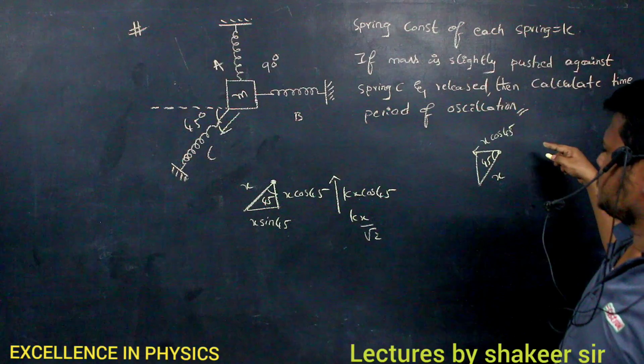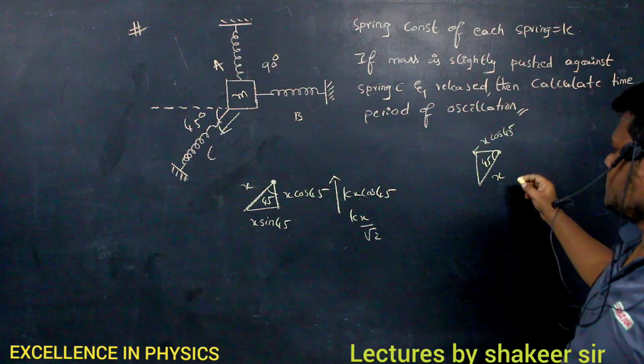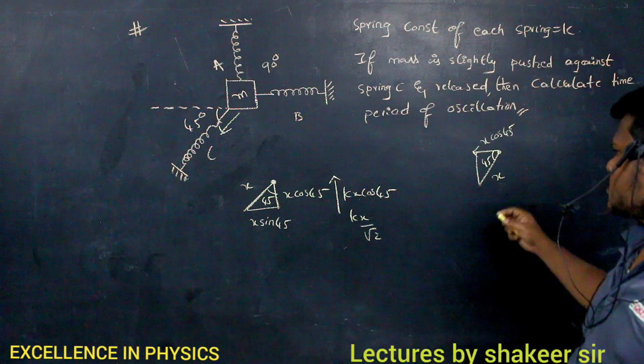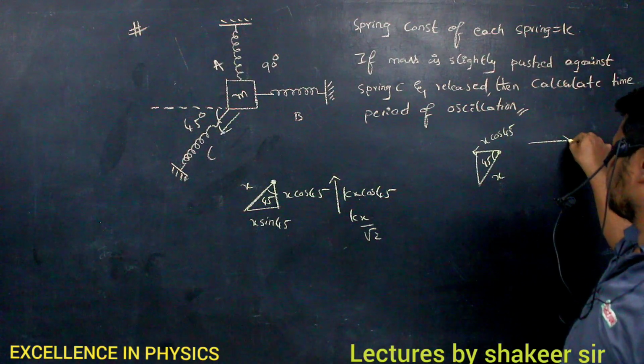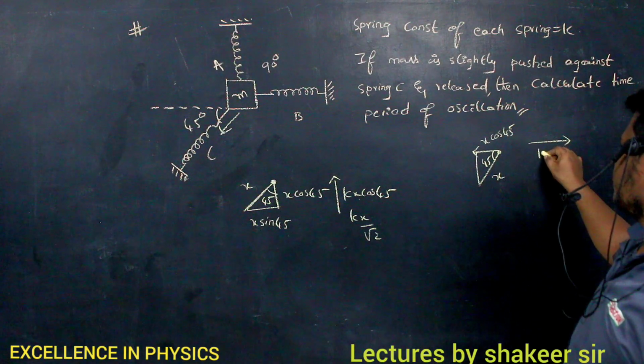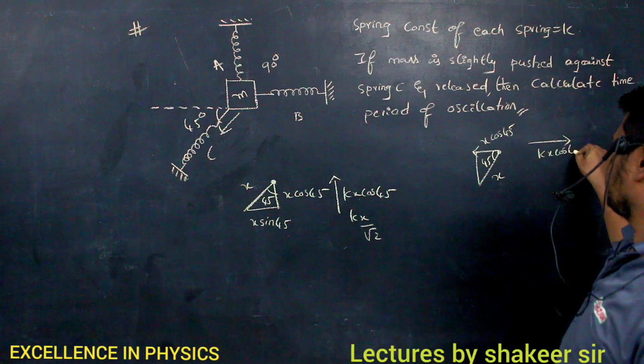If this is the elongation produced, what will be the direction of the restoring force? The restoring force will be exactly in the opposite direction, which can be written as kx cos 45.